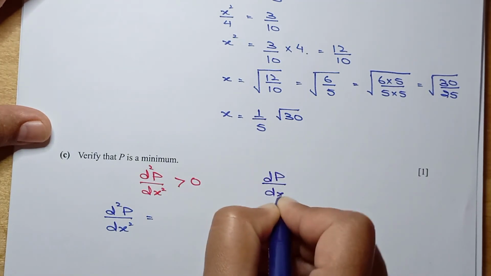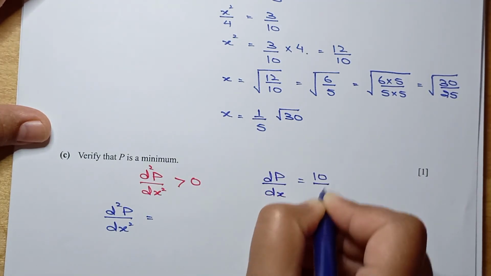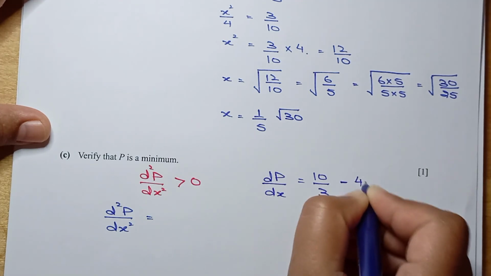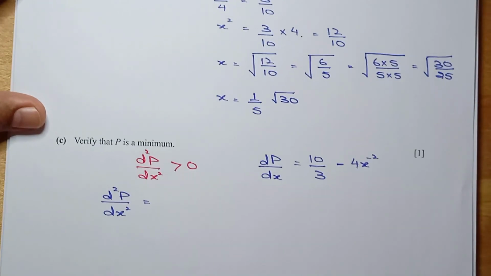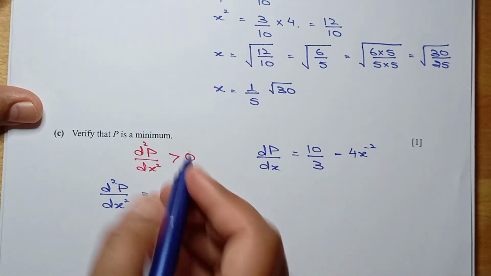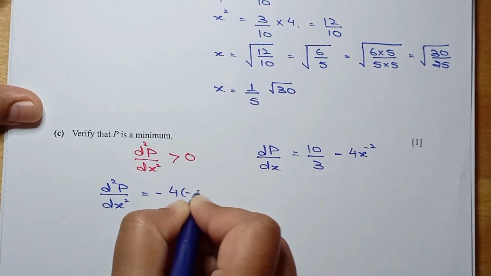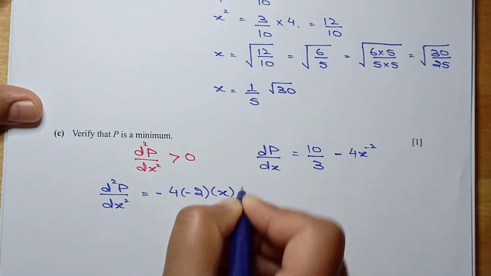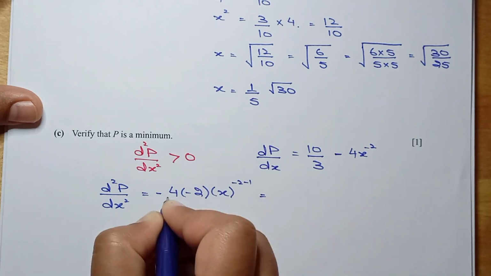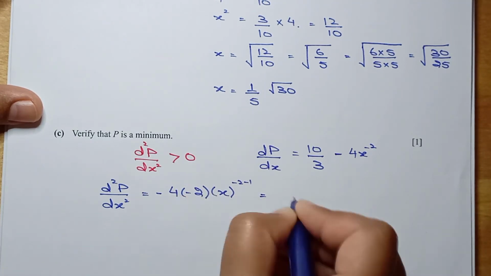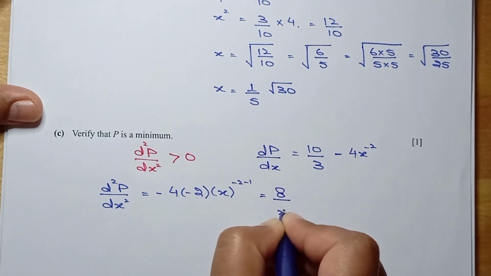The first derivative is 10 by 3 minus 4x to the power minus 2, and its derivative is 0 for the constant term. For the second derivative, we differentiate it again. Here we have minus 4, multiply by the power minus 2, and reduce the power by 1, so we have plus 2 times 4, which is 8 over x cube.